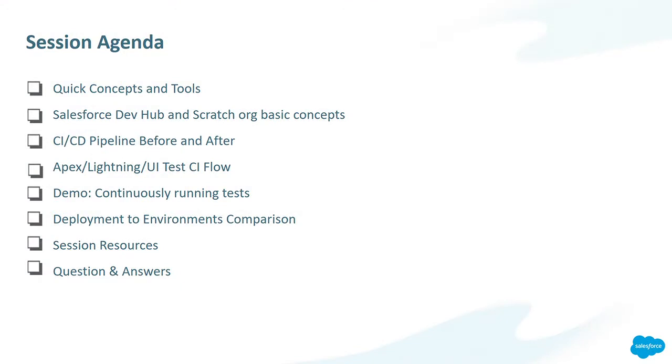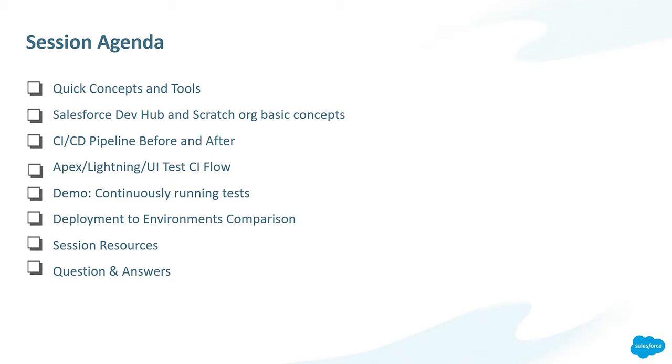Let's see the session agenda for today. First, we're going to see quick concepts and tools, the ones that we are going to use for the demo. And then the concepts of continuous integration, just to have an idea. And Salesforce DX, we are going to see the continuous delivery pipeline before Salesforce DX and after Salesforce DX.